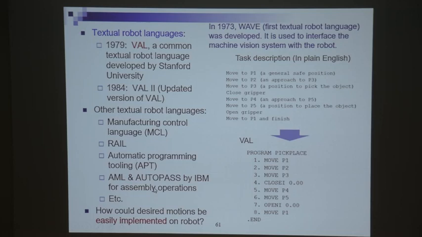The next section: you may ask, how could the desired motion be easily implemented on robots? To do that, you may want to consider robot simulations. Robot simulation is very much an in thing now, something people try to do in the research community.